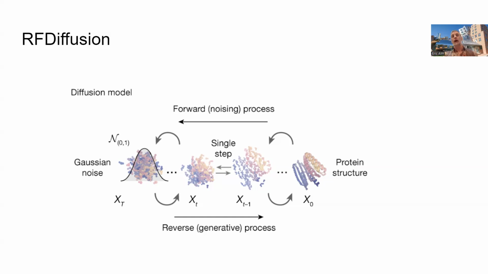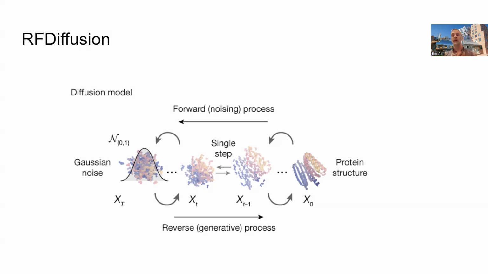And so the hard problem is saying, oh, here's a bunch of protein structures. How do we sample from this space? So we take the protein structures, noise them, create a completely noisy signal, and then say, okay, we know how to sample from random uncorrelated noise.